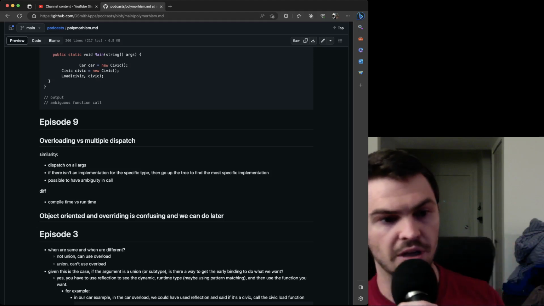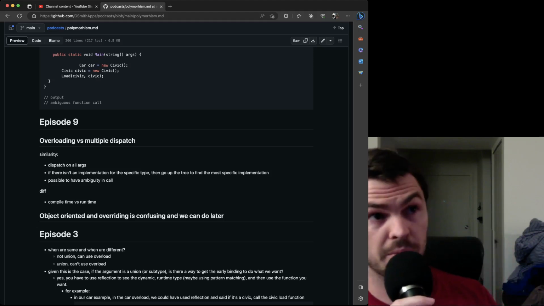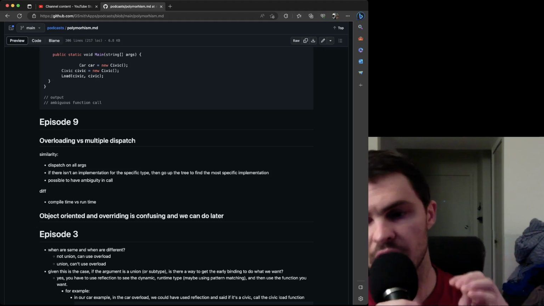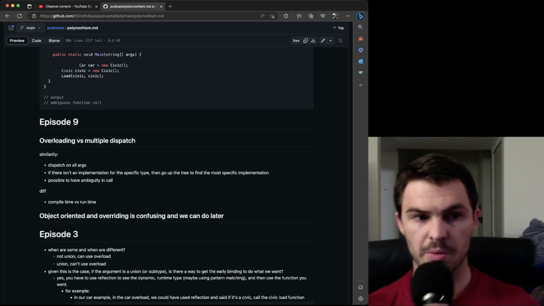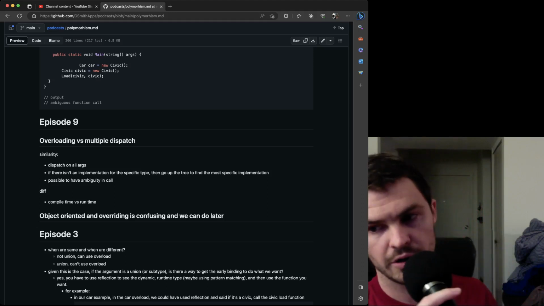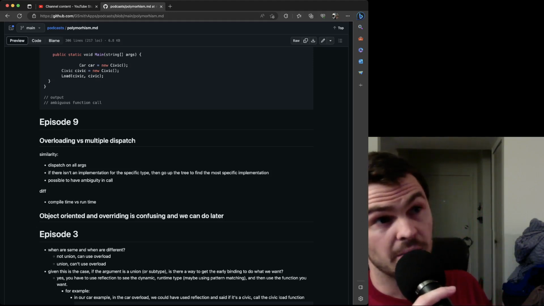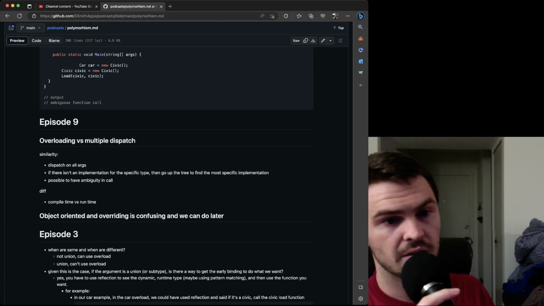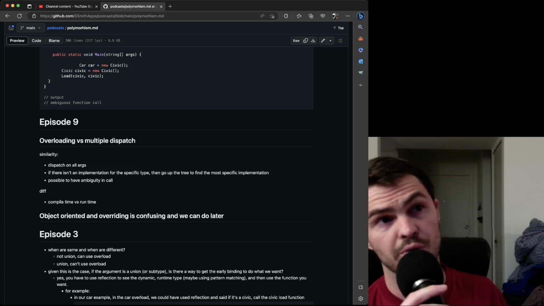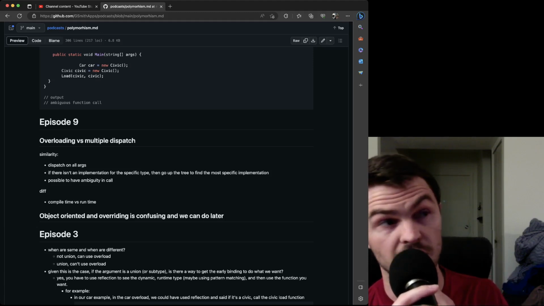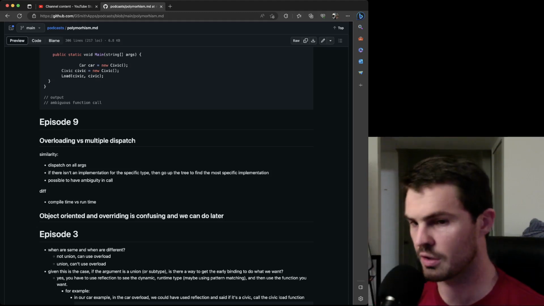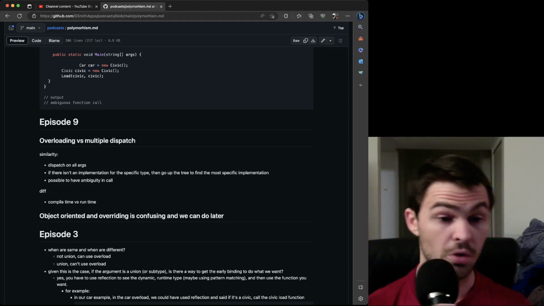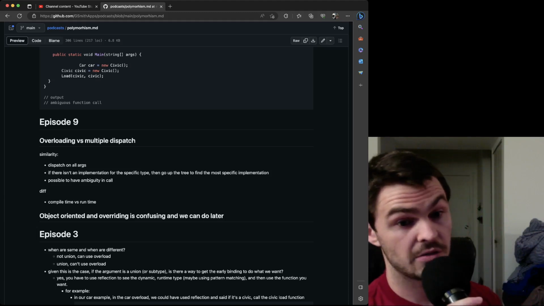You could have one implementation for a float and an integer, another for an integer and a float, and it would dispatch based on all of the arguments. That might seem obvious, but it really isn't, because in some languages some functions only dispatch based on one of the arguments. Both overloading and multiple dispatch use all of them.